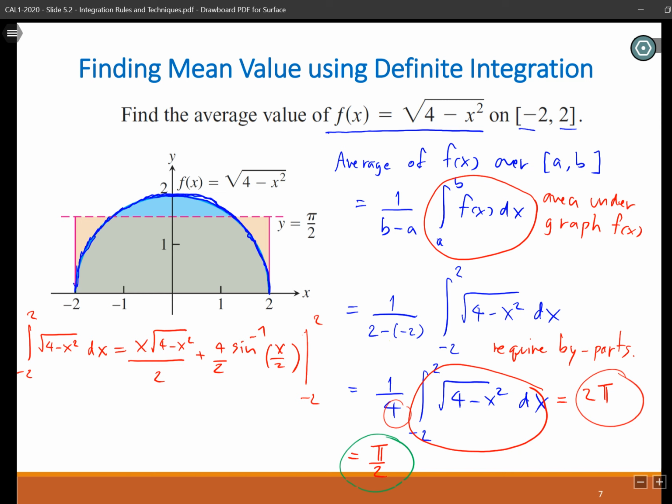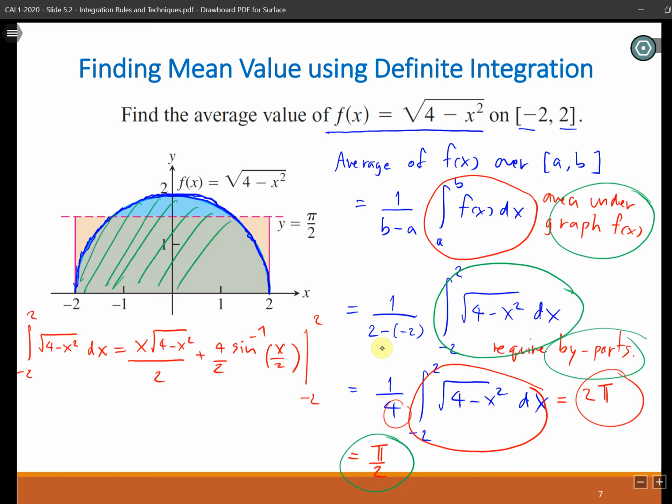But the thing is, at this point, even though you don't know integration by parts, you can still answer this. Because if you understand what the mean value theorem is about, you are going to know that this term right here is going to be equal to the area under graph f(x). So it's going to be equal to this area. What is this area?